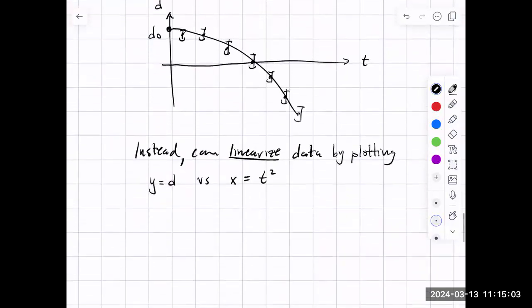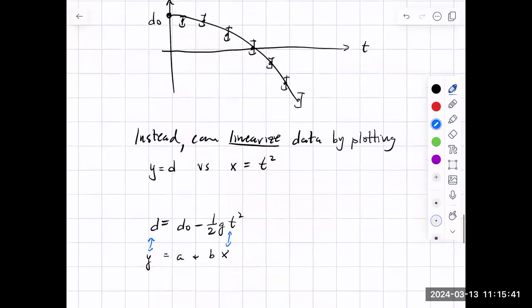Okay, so then if we did that, here, I'll just rewrite our original expression. And below it, I'll write our equation of a straight line. And so what we're going to do is identify t squared as x and the position d as y. And then it's clear that the intercept will be d0, the initial position, and the slope will be 1/2 of g with a minus sign, so minus g over 2.